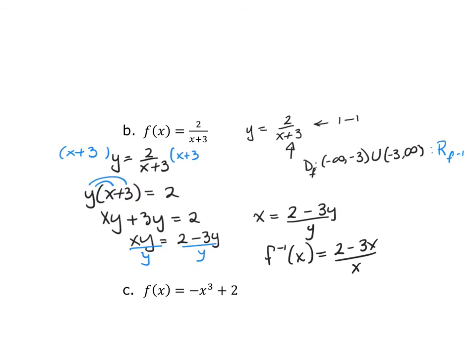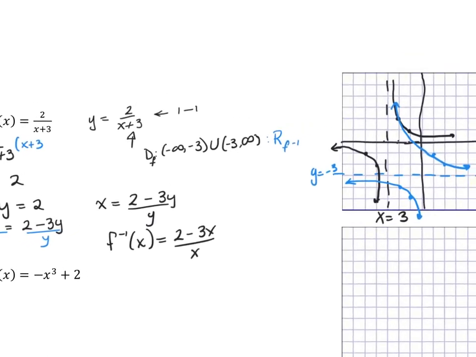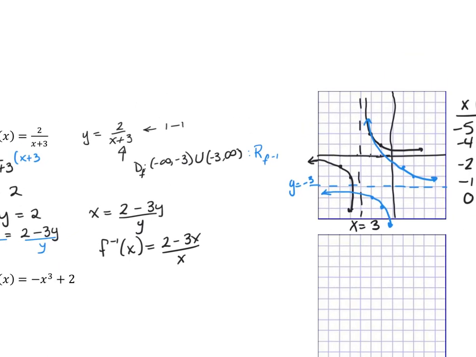So I know what the domain of my original function was, and that gives me the range of my inverse. Based on my graph, I can tell you what the range of my original function is. The range of my original function is from negative infinity to 0, union 0 to infinity. Now, here's the thing.